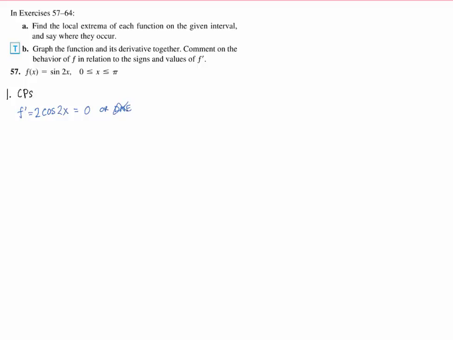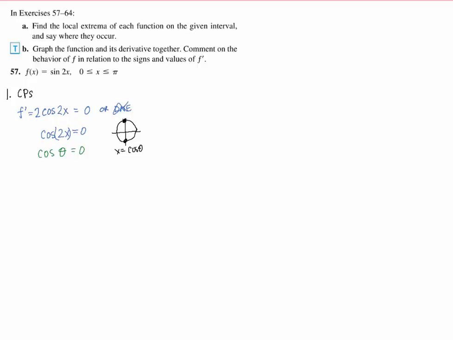2 times the cosine of 2x equals 0 when the cosine of 2x equals 0, and 2x is the argument. So maybe think about this as the question, where does the cosine of theta equal 0? Perhaps you draw your reference circle here and think about cosine of theta as the x value, and x is 0 here at pi over 2 and down here at 3 pi over 2.